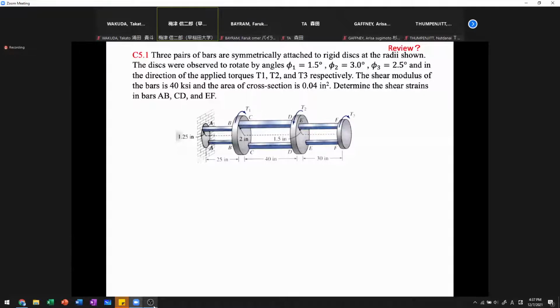Or please open the text and find the equations related to this. Or find the figures that are similar to this problem first. And after that, please read the answer and understand how to use the equations.